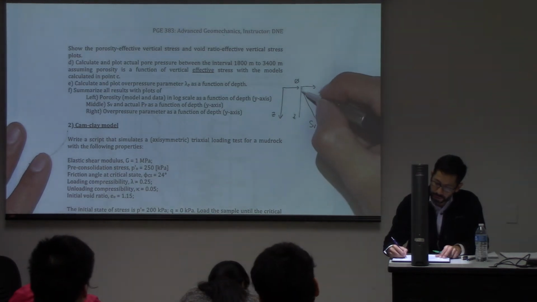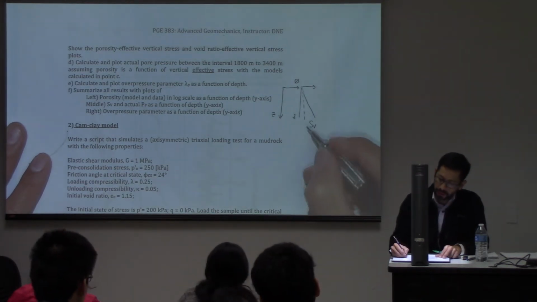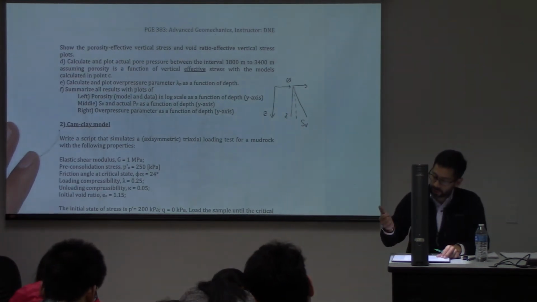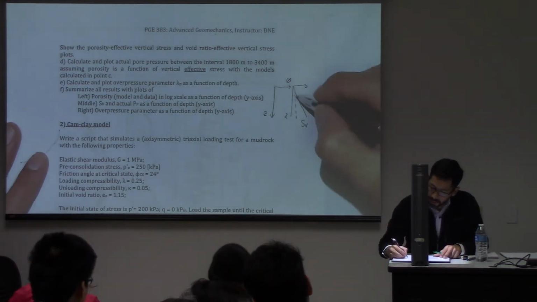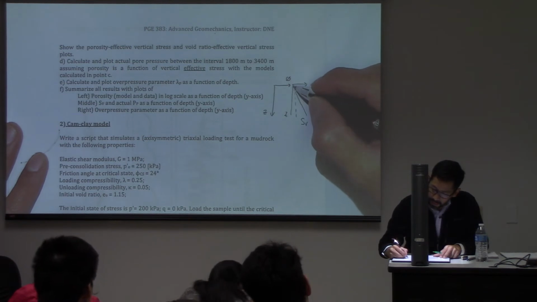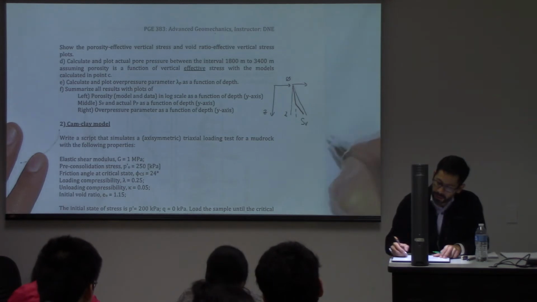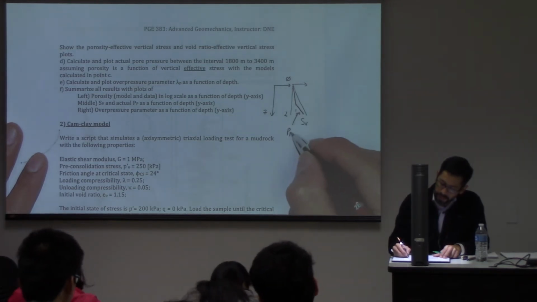You're going to see that if this is your expected hydrostatic pore pressure, your actual pore pressure in the region of the clay sand is going to follow that, but then it's going to start to deviate. And that's going to be the actual pore pressure.